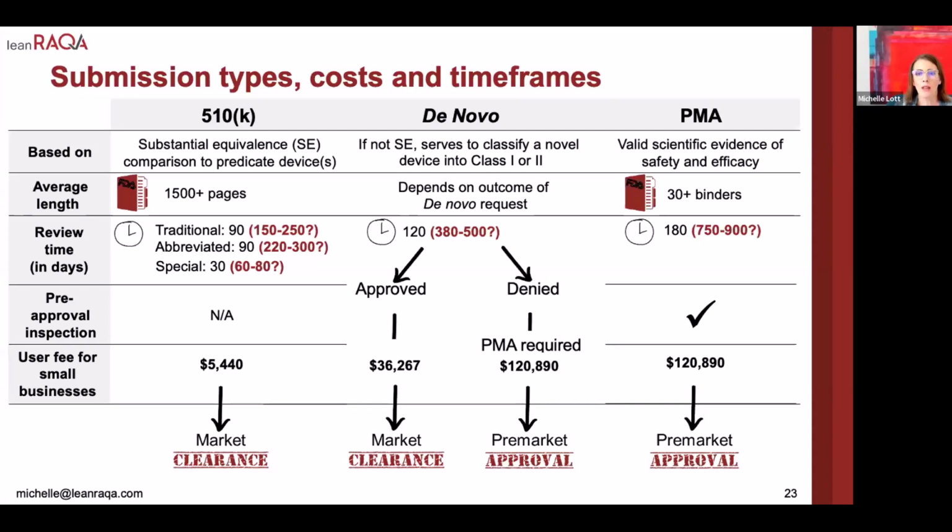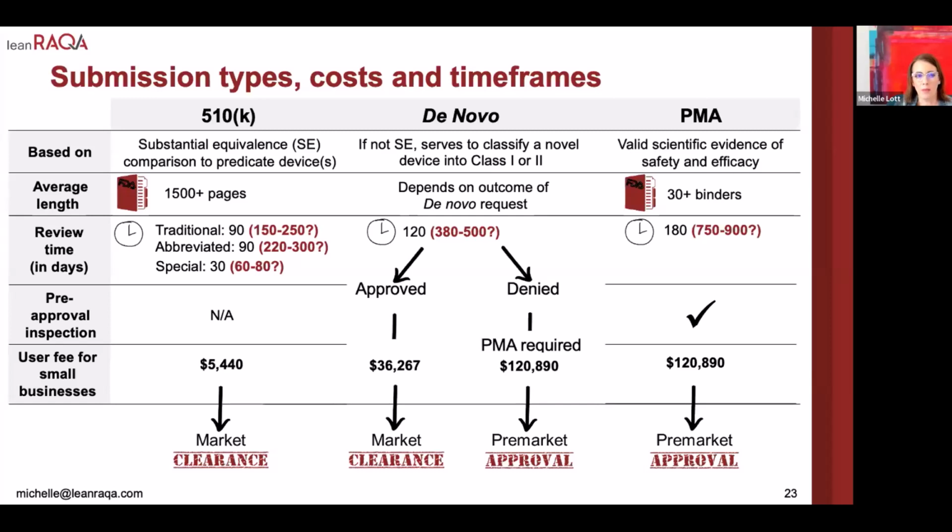De novo, the clock time is 120 days. These are actually running about 400 days on average. PMAs, this is the funniest one to me. 180 days is the FDA clock time, but these are really pushing the 800 to 900 range.